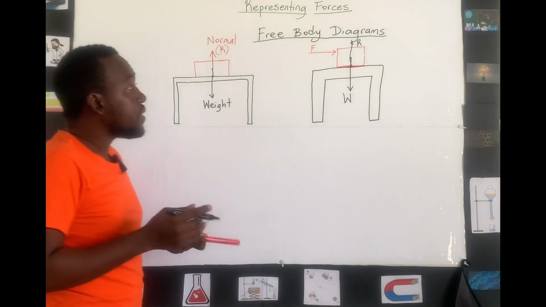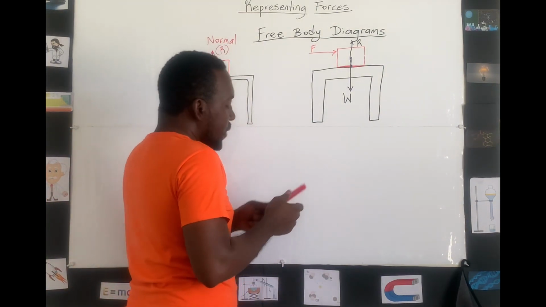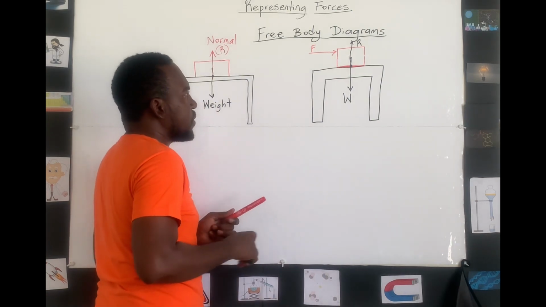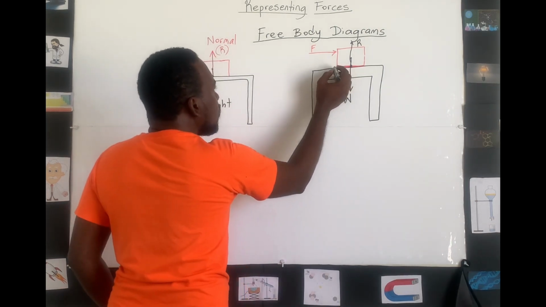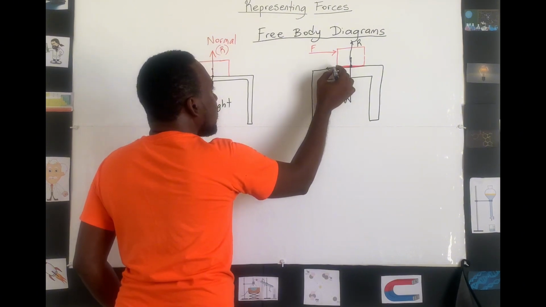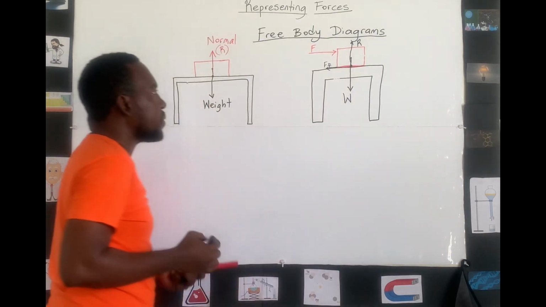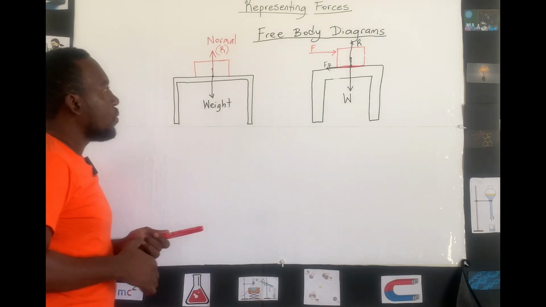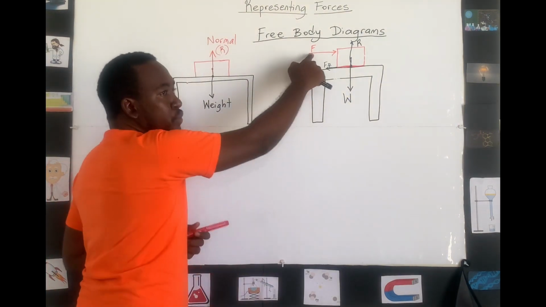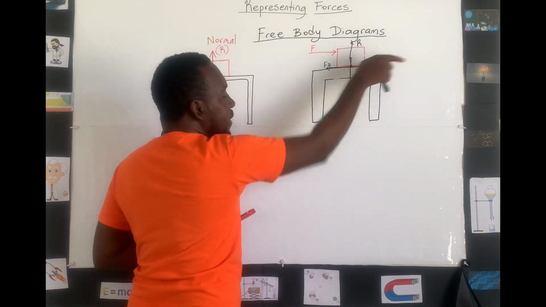Now, if this is not a frictionless material, then we will have your friction force. Now, your friction force would be opposing the motion, meaning it would be going in this direction. We can call that frictional force F subscript F. Now, we notice that this pushing force is greater than your frictional force because the book is being moved that way.